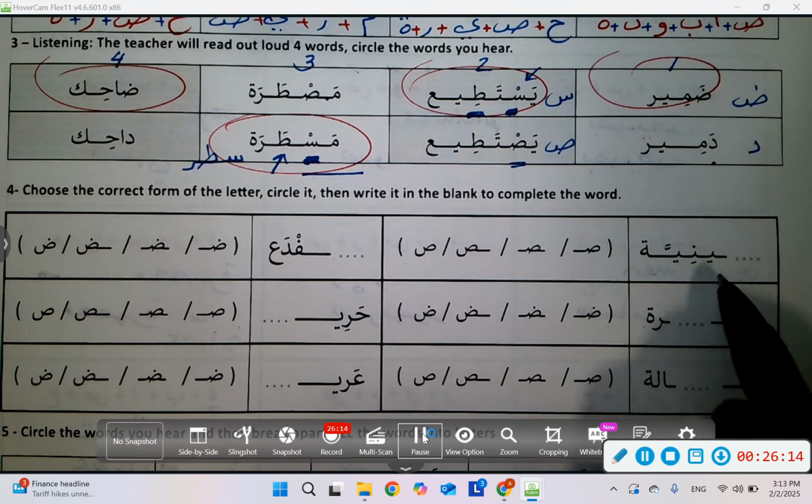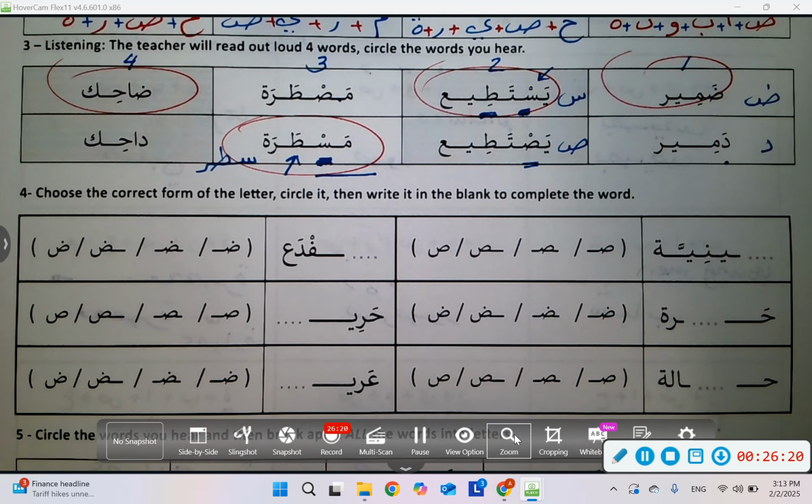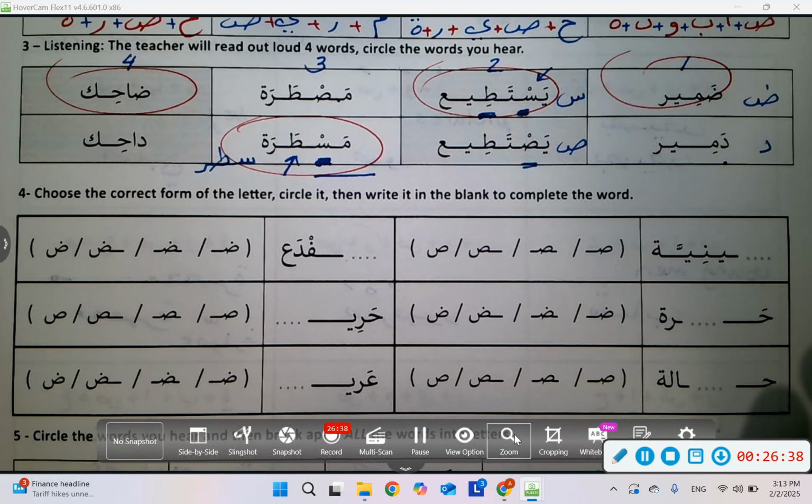But also صينية means a tray. Probably because they used to buy trays from China, as we call ceramic plates china. So in old Arabian times, like 1,000 years ago, they used to buy these things from China, and that's why they call the tray صينية. So don't get confused.